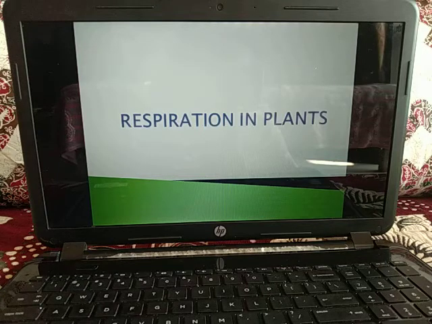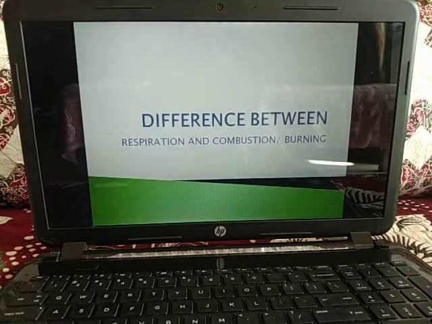Combustion is non-enzymatic and uncontrolled release of energy which mostly occurs as heat and to a lesser extent as light. The combustion and respiration differ in several aspects. So let's discuss what are the various differences between the combustion and the respiration, okay. Now respiration occurs inside the living cell.